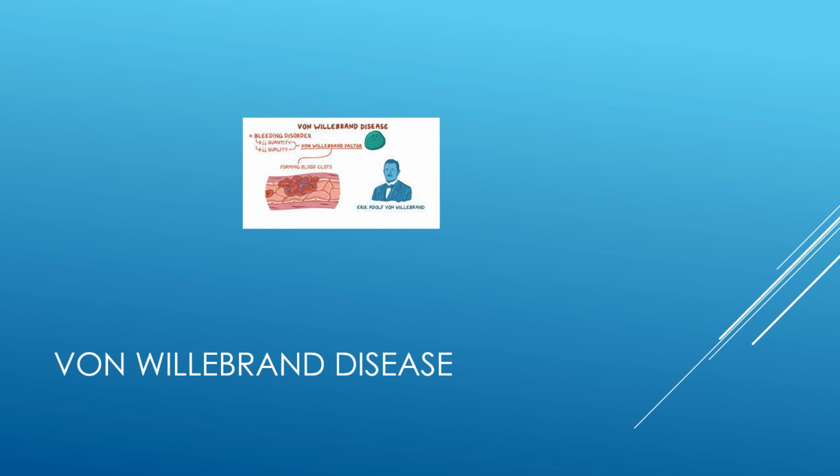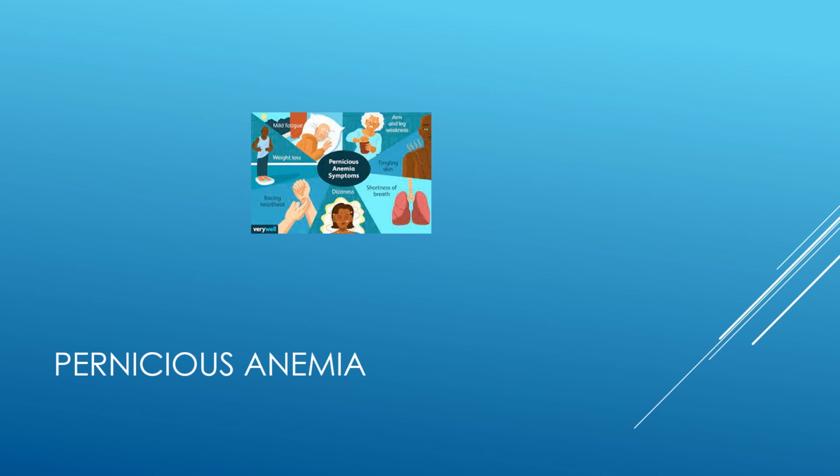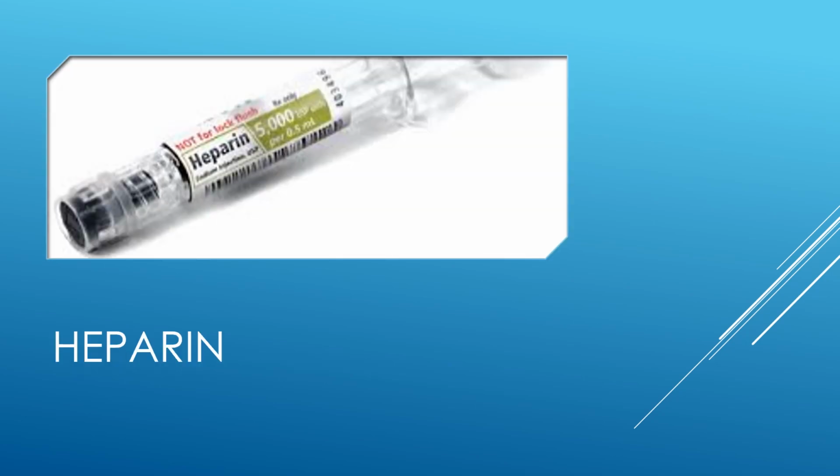This disease is caused by clotting factor 8 deficiency, and it's an autosomal dominant trait. Pernicious anemia. This is caused by the absence of parietal cells. And heparin inhibits thrombin and antithrombin 3.